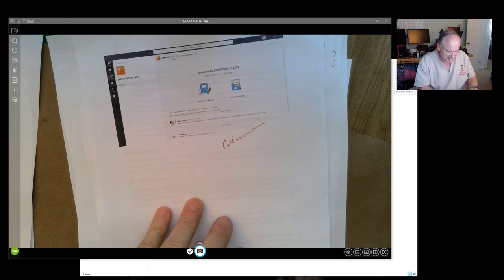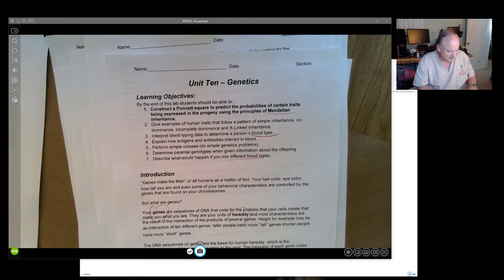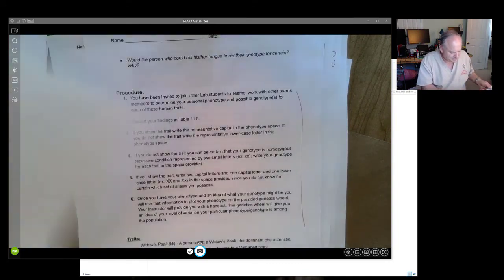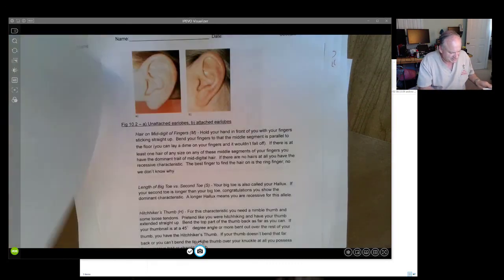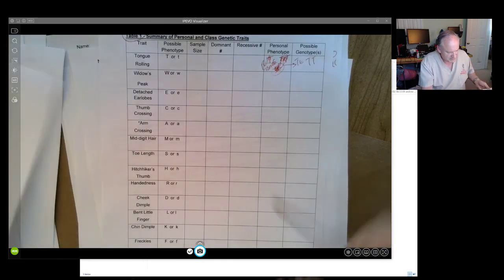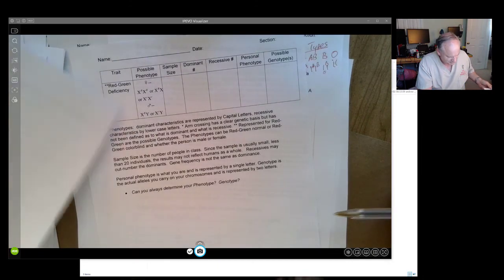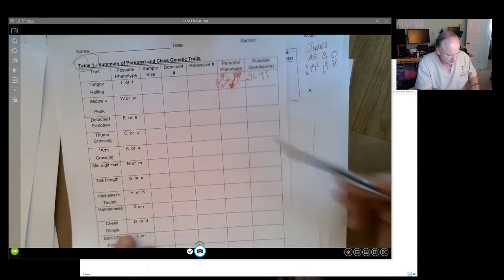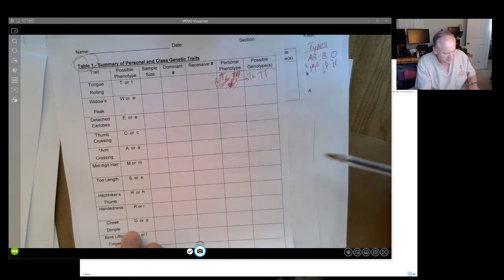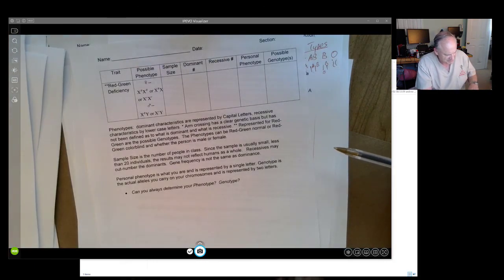As you go through in teams, however you want to work together, you can do that. Looking at the traits, fill out the chart on the back here, and read through the traits to figure out if you're dominant or recessive for that trait.